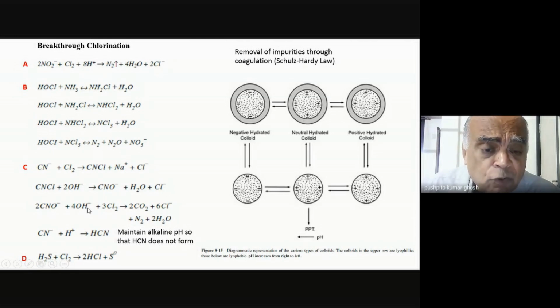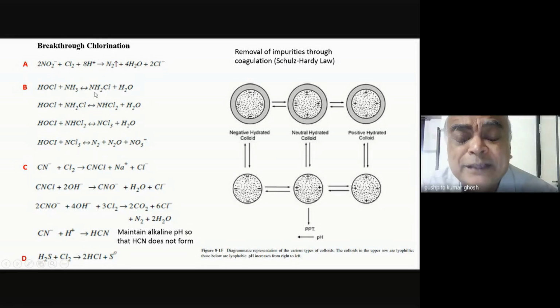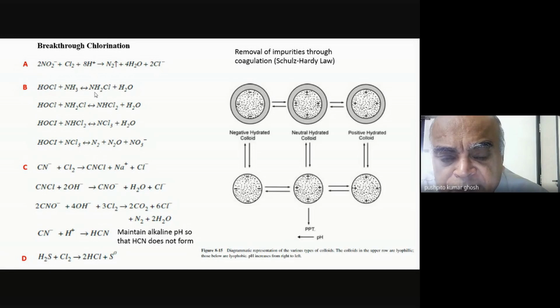But then you also, yeah. Excuse me, sir. In the ammonia process, sir, is the NCl3 which is formed explosive? No, but what happens is there are some minimum concentrations of substances which will lead to detonation.